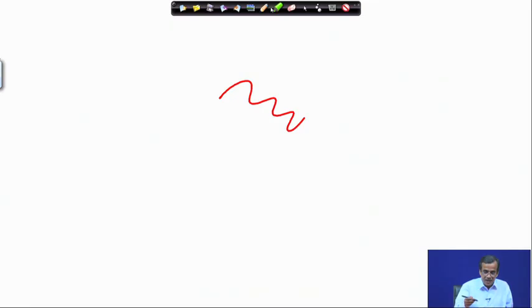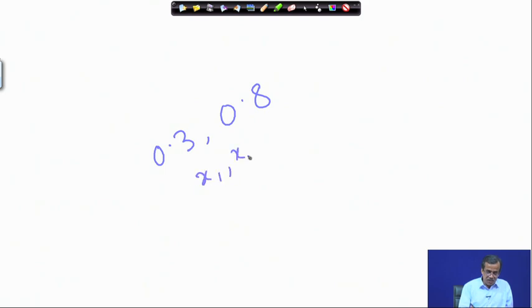Now, let me discuss how to find this. The random numbers which we have considered are 0.3 and 0.8. Now, the range for the variables x1, x2, if you remember, is lying between 0.0 and 5.0. So, the range is 5.